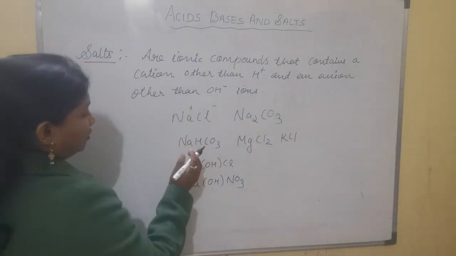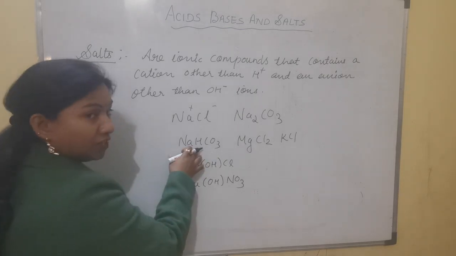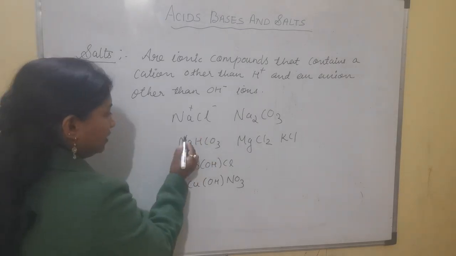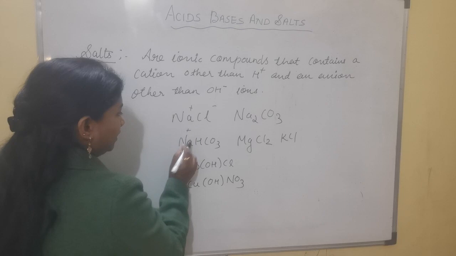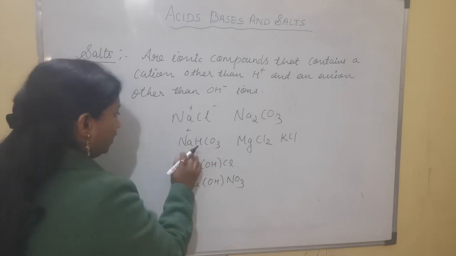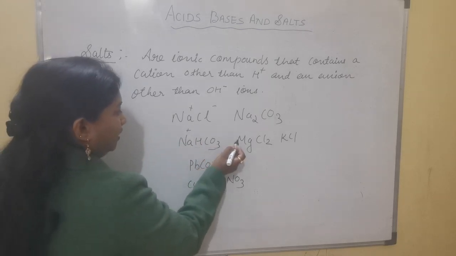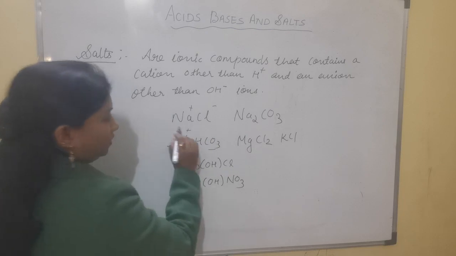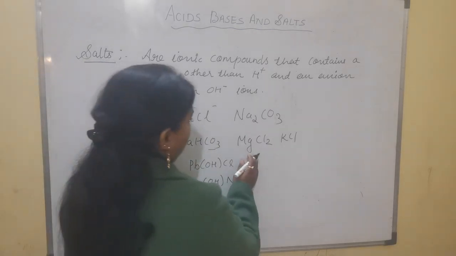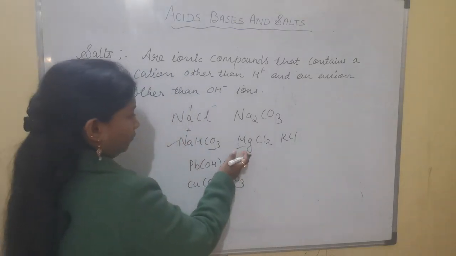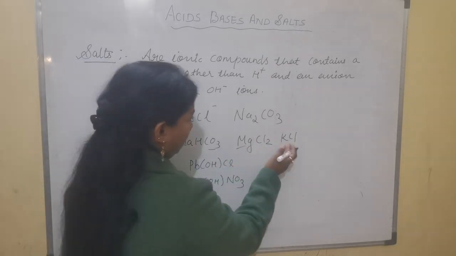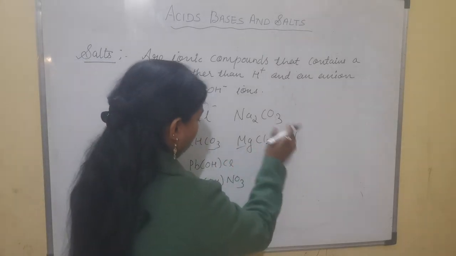The definition is saying that it may have H plus also, but apart from this, yes, it is having one more cation, that is Na plus. So H is okay, and one negative ion other than OH minus is carbonate. So yes, it is also a salt. Here also true. One positive is Mg and chloride ion. Positive is K, potassium, and chloride ion.